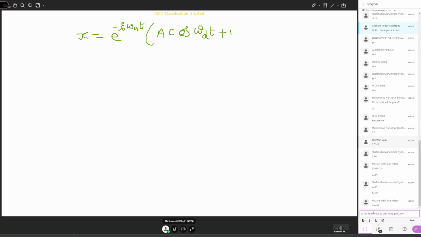There are different ways you can write this. Omega d can be replaced with omega n into square root of 1 minus zeta square.